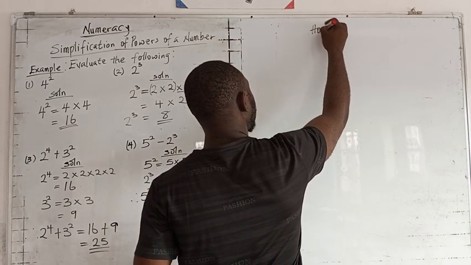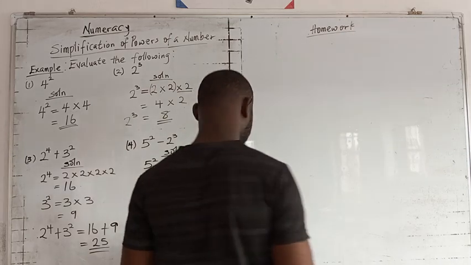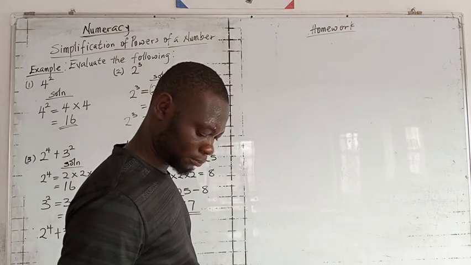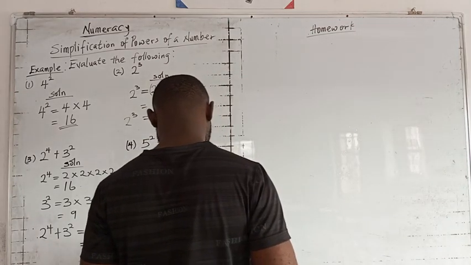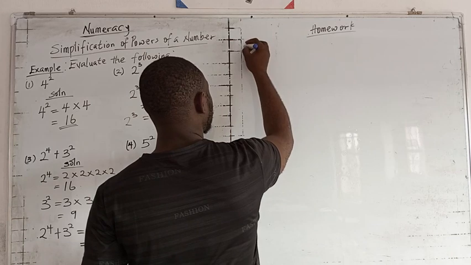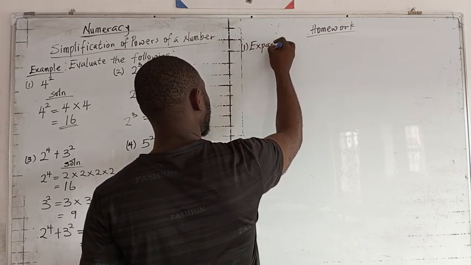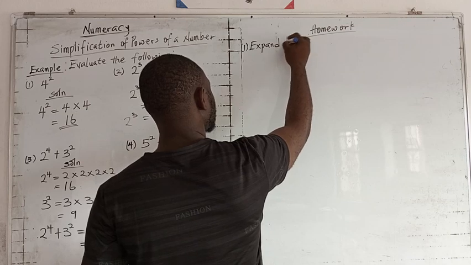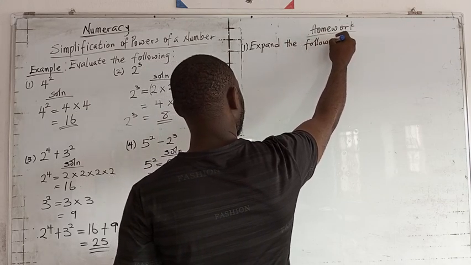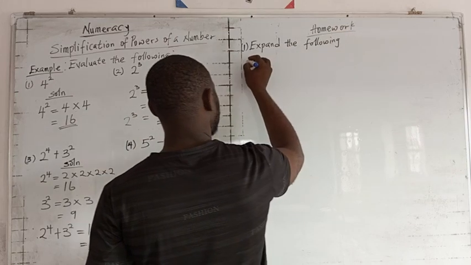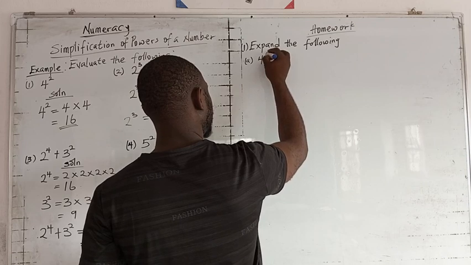Homework. Number 1, expand the following. A, 4 raised to the power 5.